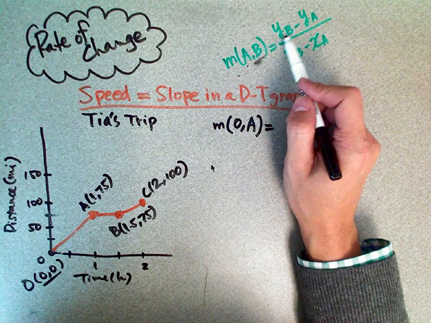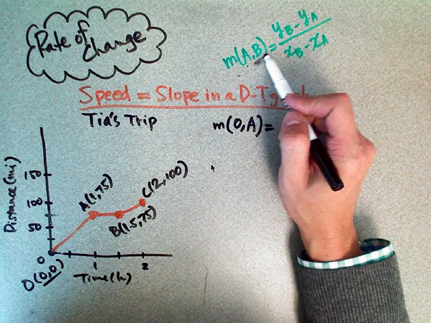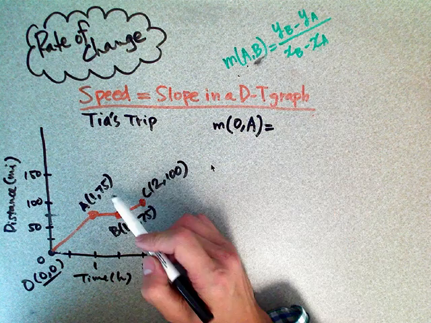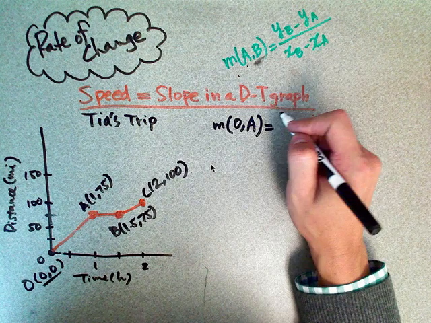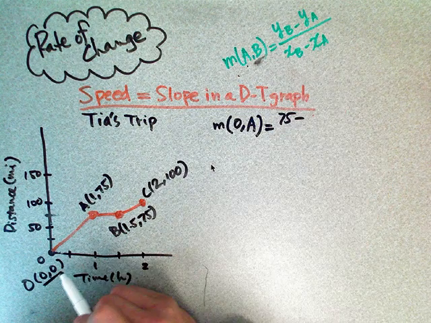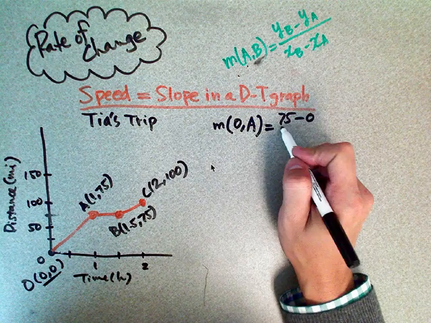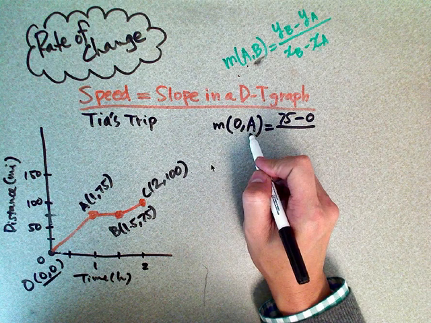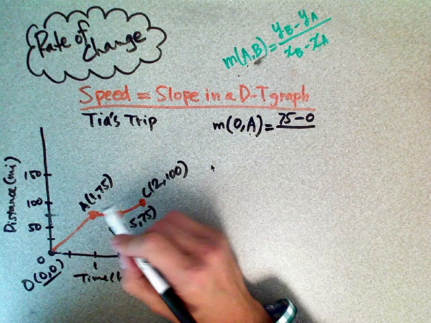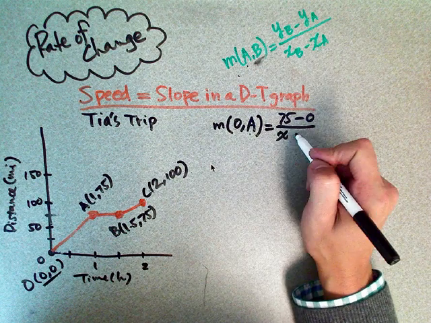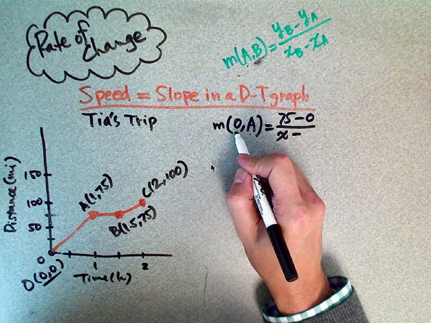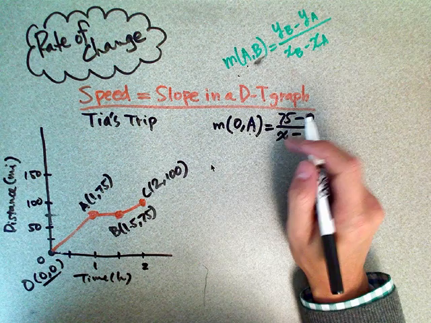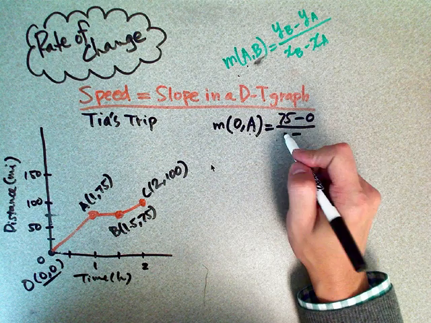We're going to look at the y coordinate of point A, which is 75, minus the y coordinate of point O, which is 0, and then the x coordinate of point A, which is 1, minus the x coordinate of point O, which is 0.